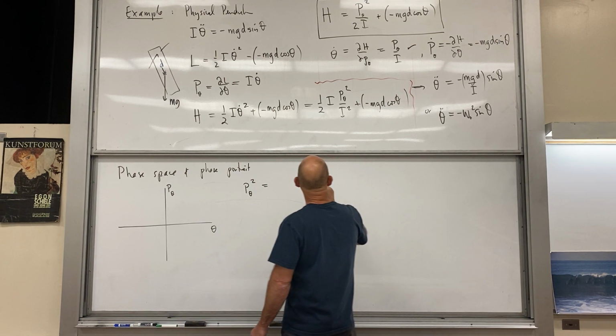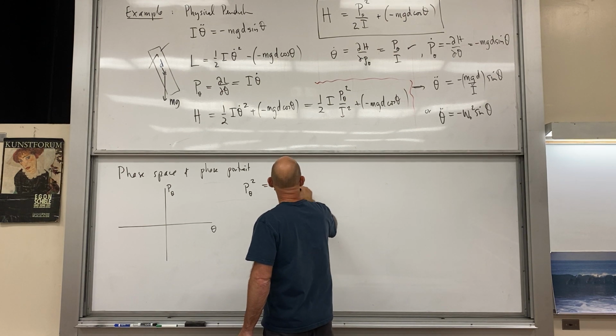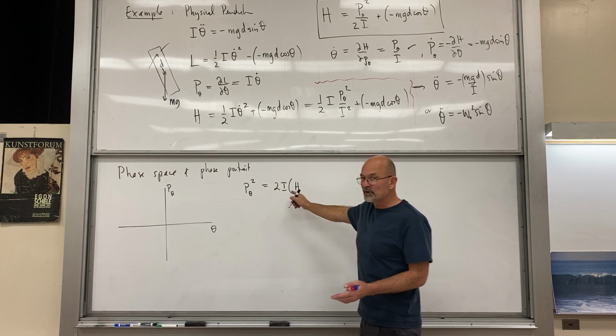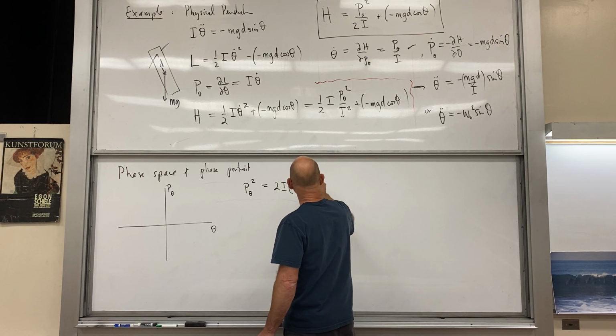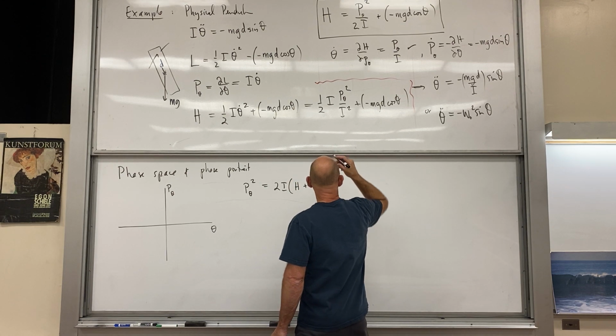So we have 2I times H, which is a constant now. We could also call it E. H plus mgd cos theta.